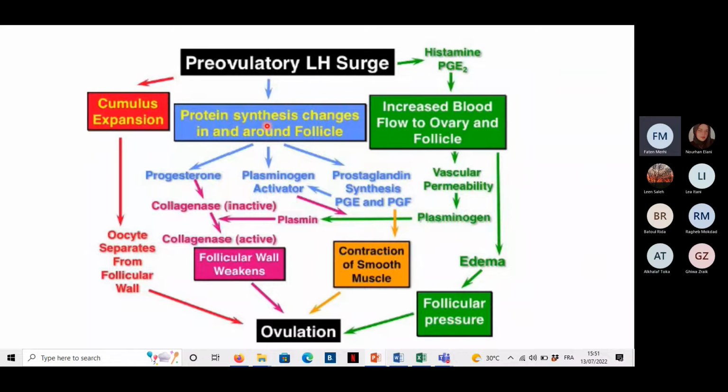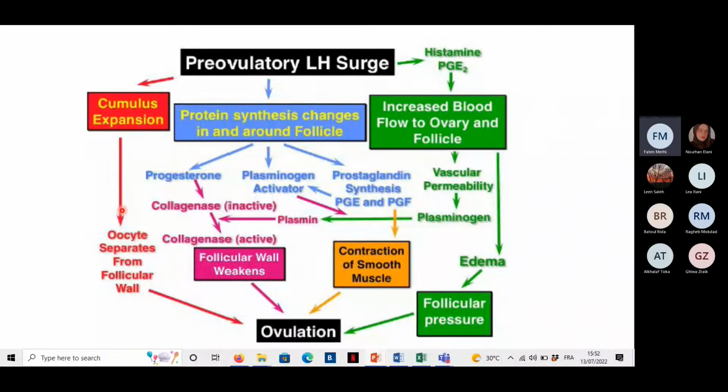We can see here that, due to this LH surge, the granulosa cells will be organized in a few layers surrounding the oocyte, forming the cumulus oophorus.